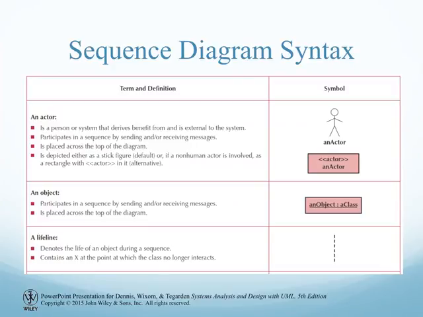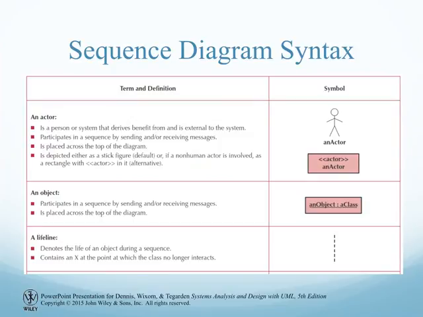It's important to remember that an object is a specific instance of the class, and as such, when you put an object into a sequence diagram, and also in a communication diagram, you are going to have the instance name first in the rectangle for the object, followed by a colon, followed by the type of class that it is. So for example, you're going to have a patient name, then a colon, and then Patient if it were a patient class. It's an instance, that particular patient, of a patient class.